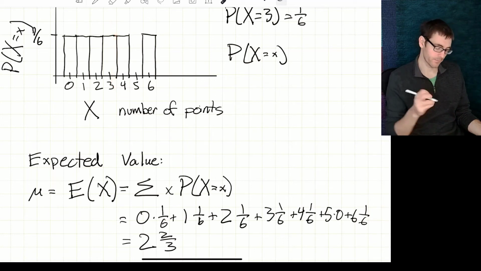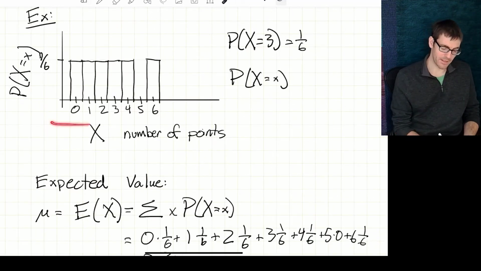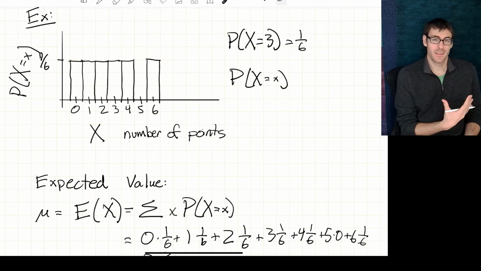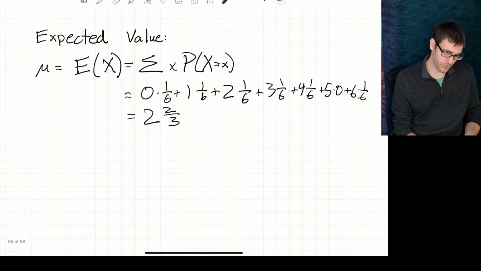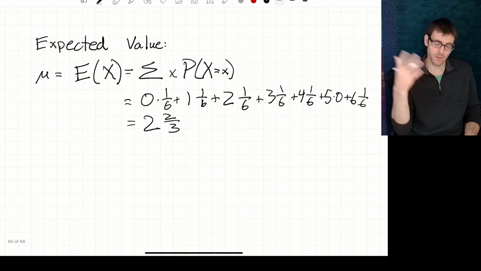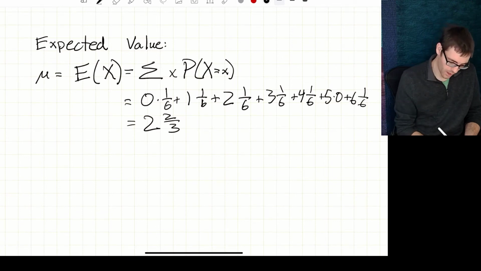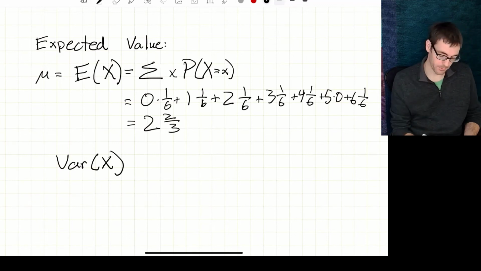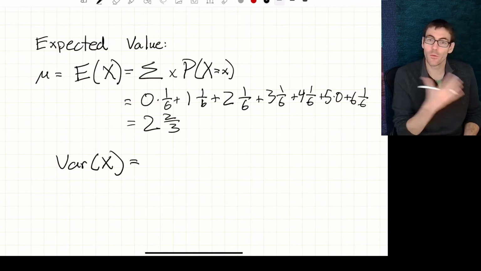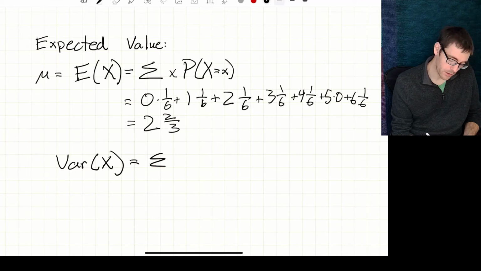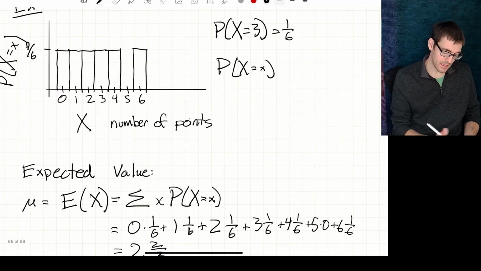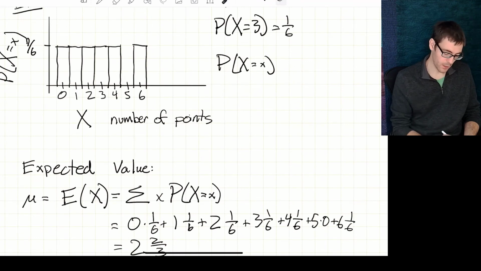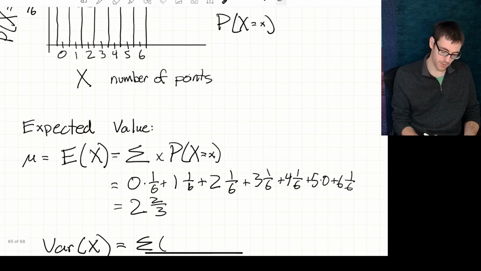The other question that we might ask about a distribution is, what is the spread? So in this case, we're interested in what the standard deviation is, but first we're going to talk about what the variance of our random variable is. And the way that we're going to find this should look very familiar. We're taking the sum of how far away each of the points are, so in this case, how far away 0 is or 1 is from the mean.